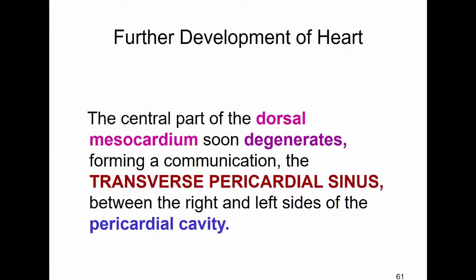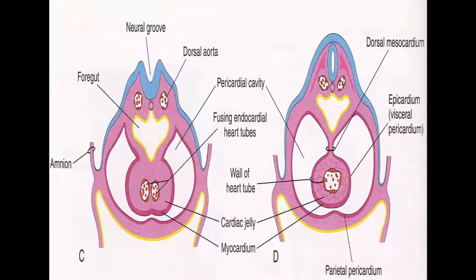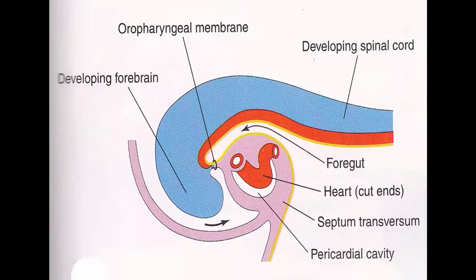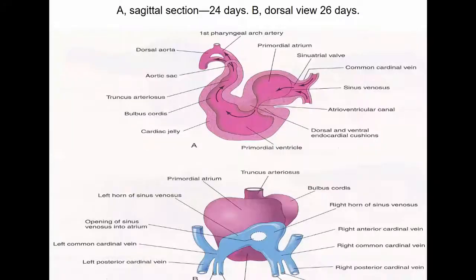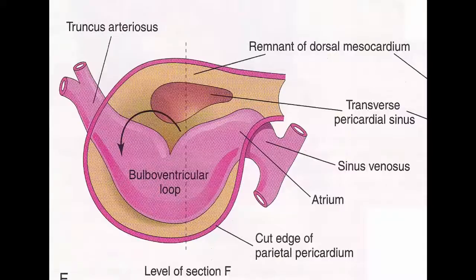So this can be the dorsal mesocardium. And then here there will be a cavity in the dorsal mesocardium, and this cavity is nothing but the transverse pericardial sinus.